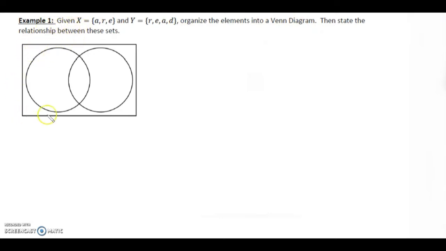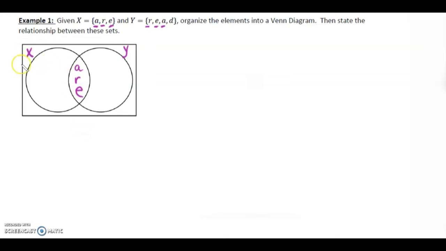We're going to label the first circle X and write in it all of the elements in X. We're going to name this circle Y and list in it all of the elements of Y. First, let's look at the intersection, what's in the overlap. A will be in the overlap because X and Y both have an A. R is in the overlap, and E is also in the overlap.